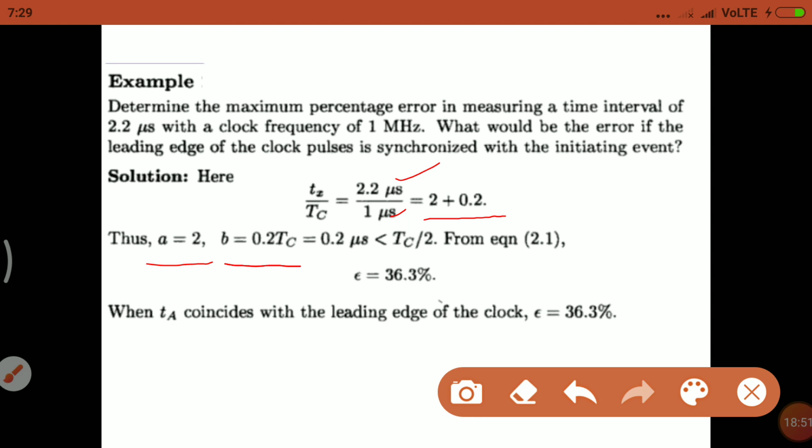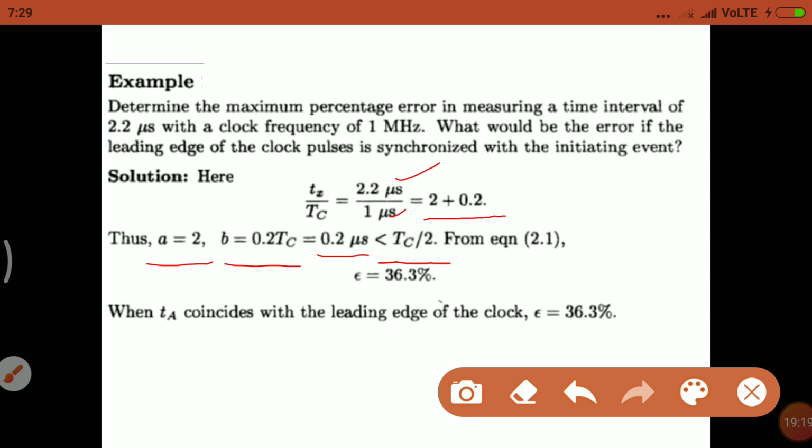We know that Tc is 1 microsecond, so the value of B is 0.2 microsecond. And if you see this, it is less than Tc by 2. Tc is 1 microsecond divided by 2, so it will be 0.5 microsecond, and our value of B is 0.2.